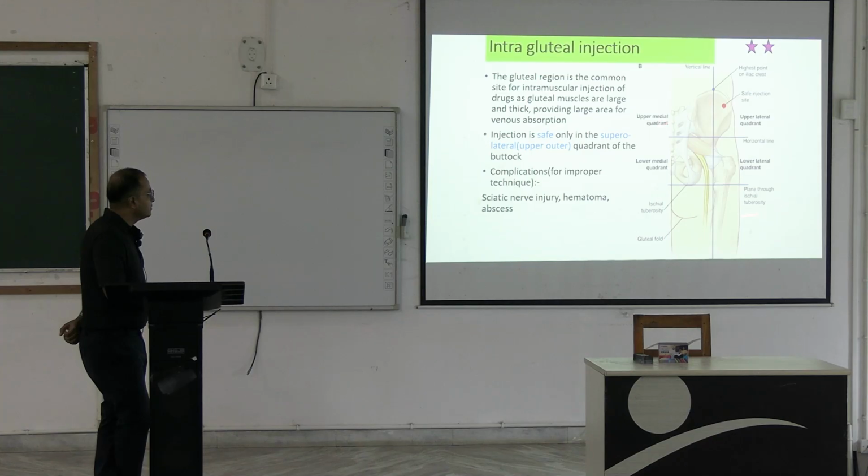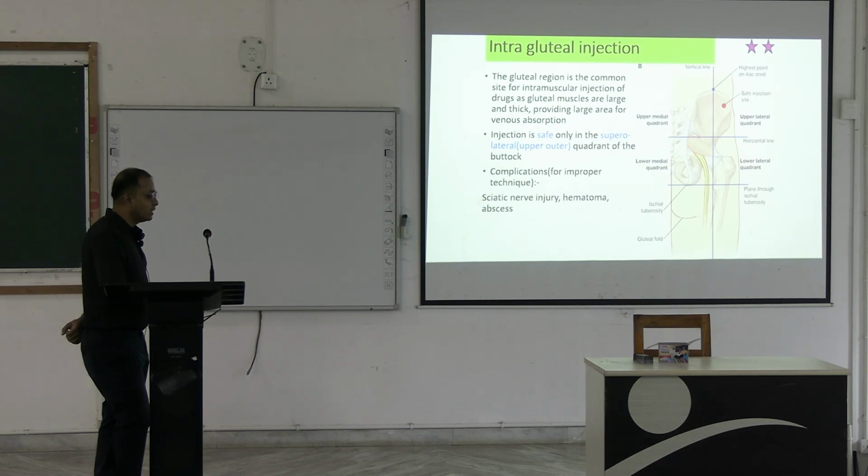So the gluteal region, which is a site for giving intramuscular injections, has to be chosen correctly, using quadrants. If you divide the hip region into 4 quadrants, the upper outer and lower outer quadrants are safer for giving intramuscular injections. On the inner side, inner upper or inner lower, there are chances of drug or needle injury to the sciatic nerve.